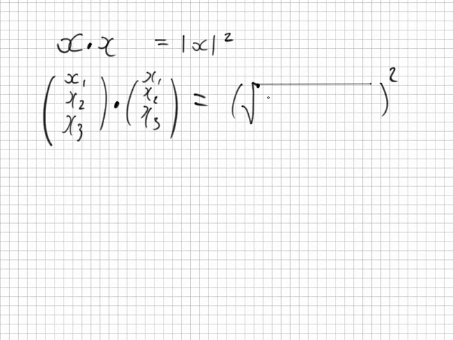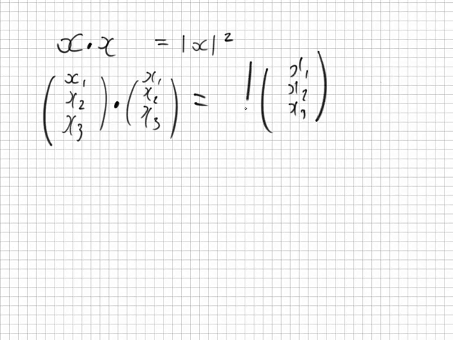Actually, before I'm doing too much on one line, let me just go back a bit. x1, x2, x3, magnitude squared. So on the left you'll get x1 squared plus x2 squared plus x3 squared.